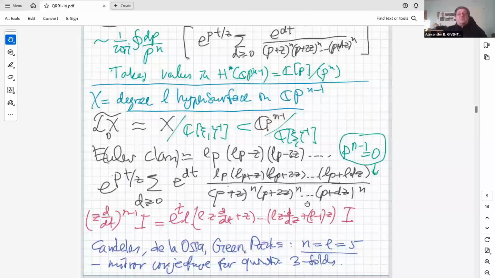We actually found hypergeometric functions which are related to the genuine invariance of the hypersurface, maybe not literally equal to it, but related by some mirror transformation, at least according to the mirror conjecture.